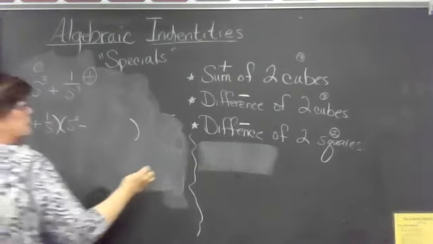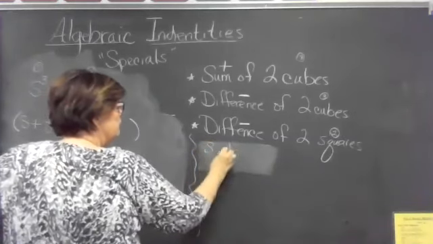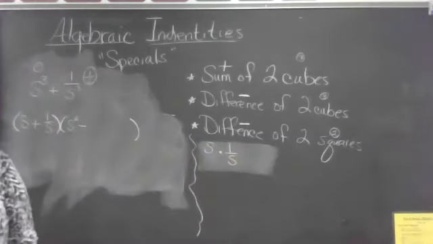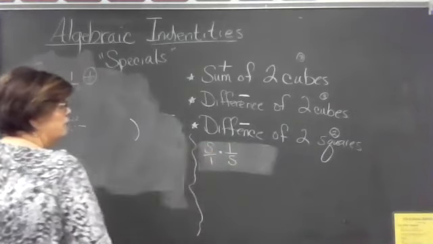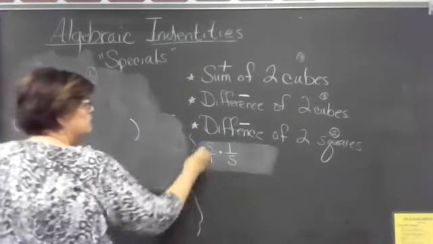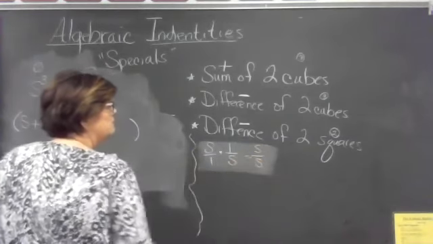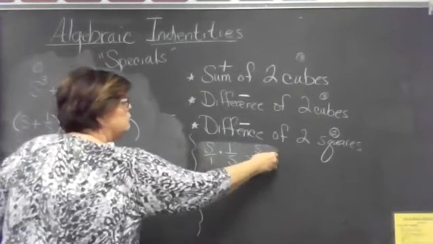So let's go over here and we're going to multiply the S times 1 over S. S over S. This will become a fraction so that we can multiply fractions. You multiply the top and the bottom. And guess what? Anything over itself is equal to 1.